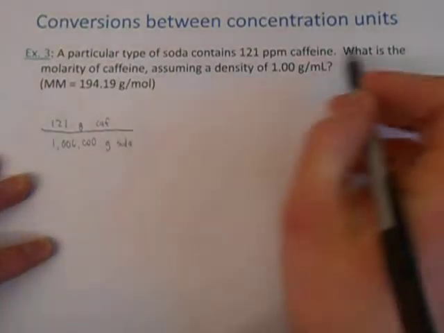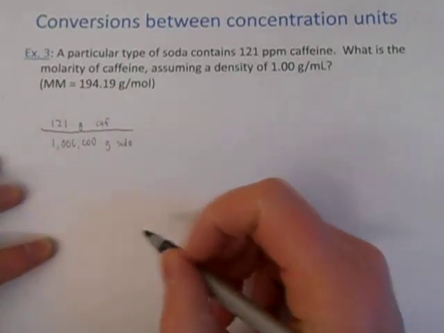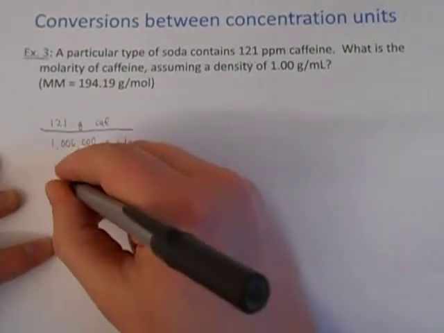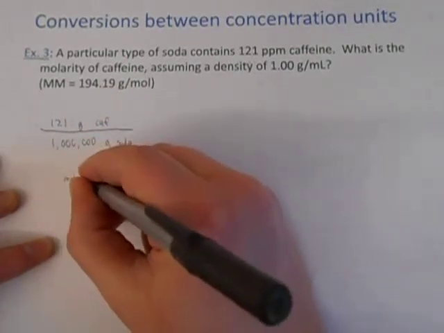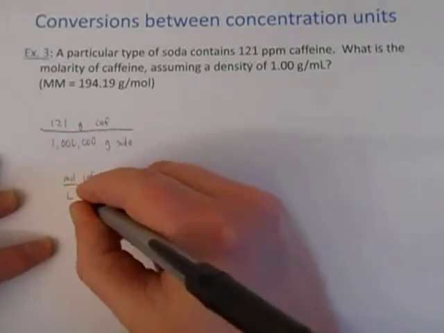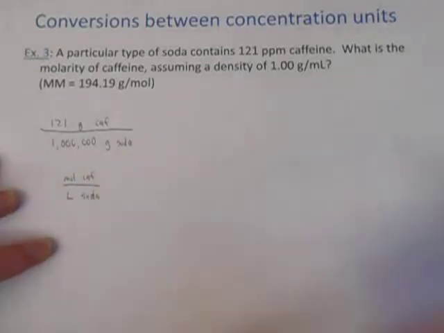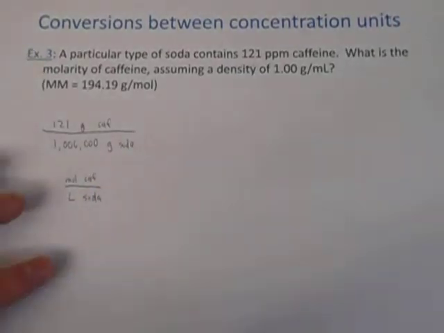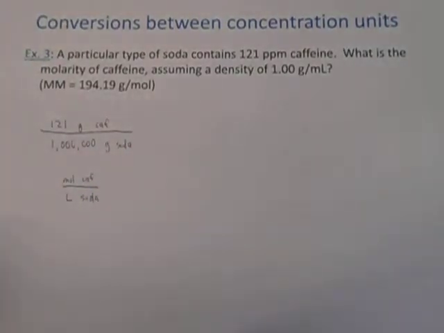All right, and we want to get the molarity of this. So what we want to get to ultimately is the moles of caffeine relative to the liters of the soda. And so the way that I would suggest thinking about this is kind of a double unit conversion.